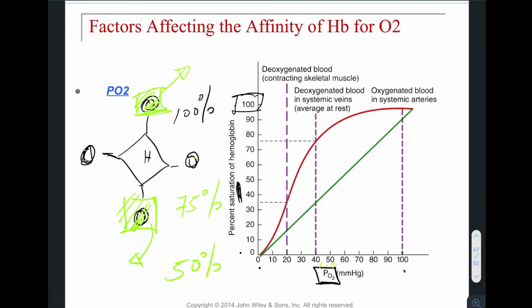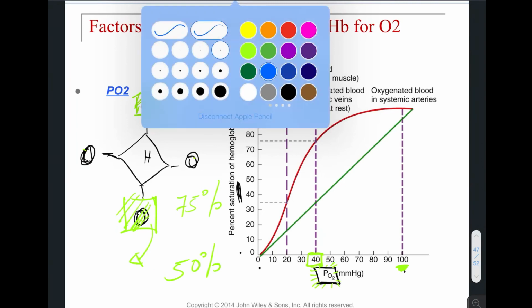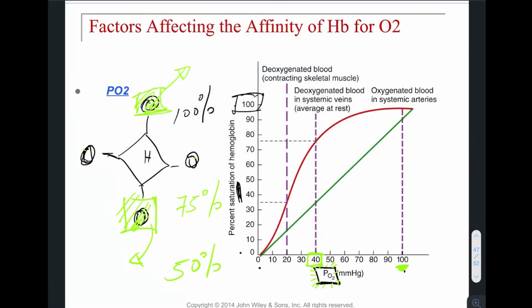What about the partial pressure? Well, the partial pressure comes from the conversation we had about gas exchange. And we saw that the partial pressure of oxygen in red blood, oxygenated blood, was 100 millimeters of mercury. And in blue blood, in venous blood, deoxygenated blood, it was 40 millimeters of mercury. And that's why we're looking at these two values very, very specifically and very, very carefully.